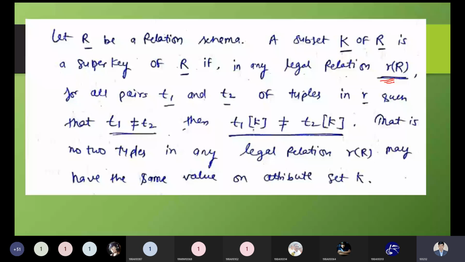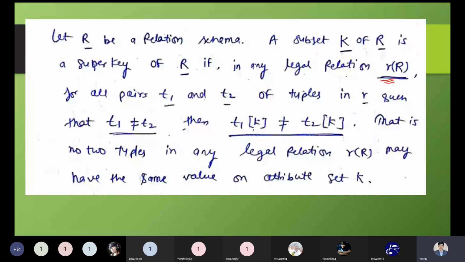Is it clear to all, or does anyone have any doubt? Because the mathematical notation is written here in symbolic form: no two tuples in any relation may have the same value on the attribute set K. Let me explain by example.